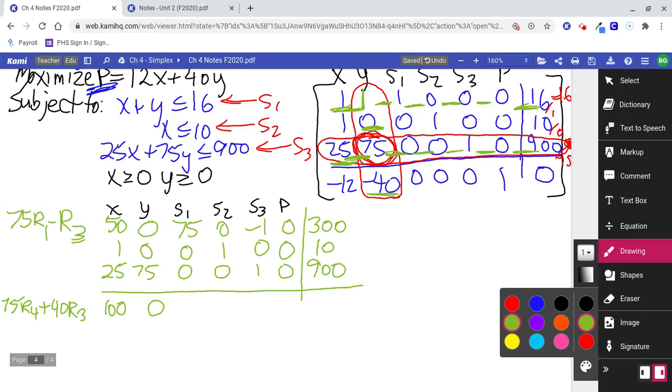And then I've got to do this one. Okay, good, 0. 75 of those plus 40 of those is still going to be 0. And 75 of those plus that's still going to be 0. 75 of those plus 40 of those is going to be 40. 75 of those plus 40 of those is going to be 75. And 75 of these plus 40 of these 900s. 40 times 900 is 36,000.